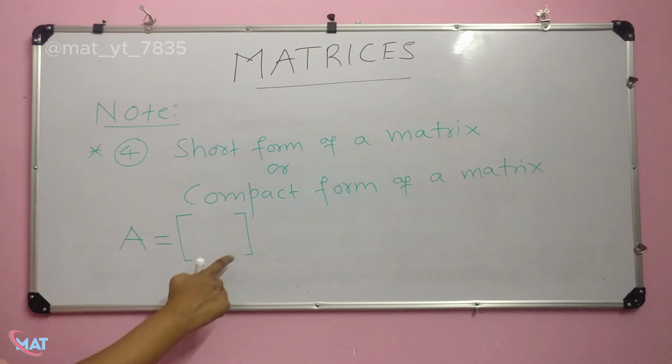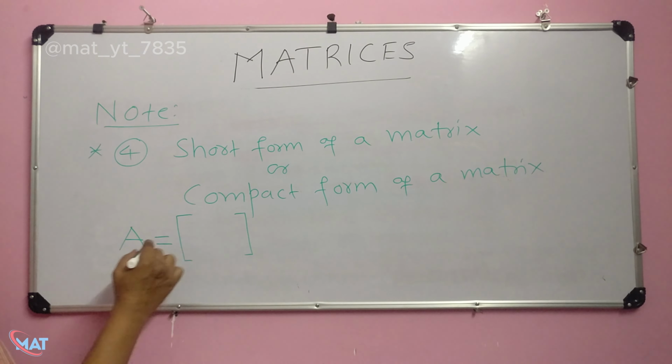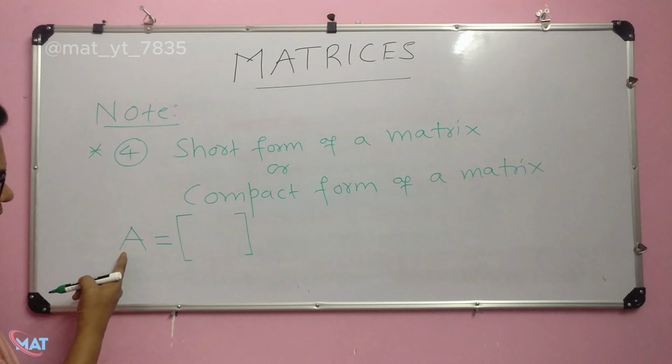Instead of showing all the elements inside the square bracket, because we have taken A there, we take small a. If you take capital B, take small b. Here we write I, J, small i, small j as subscripts for Aij.